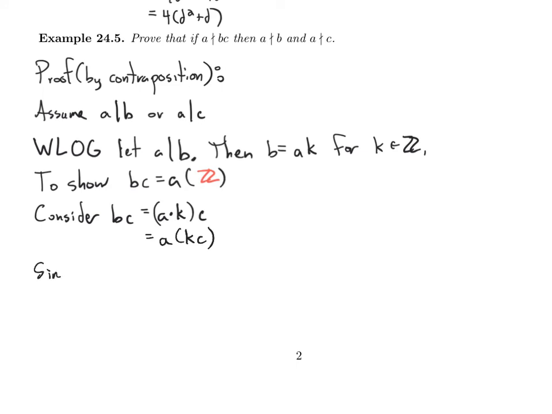Since K times C is an integer, two integers multiplied together give you an integer, our result is true. We have that A is a factor of B times C, and we are indeed done.